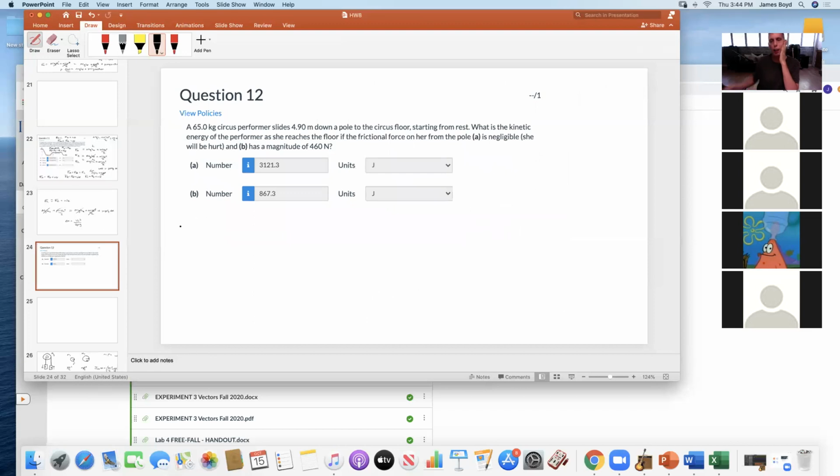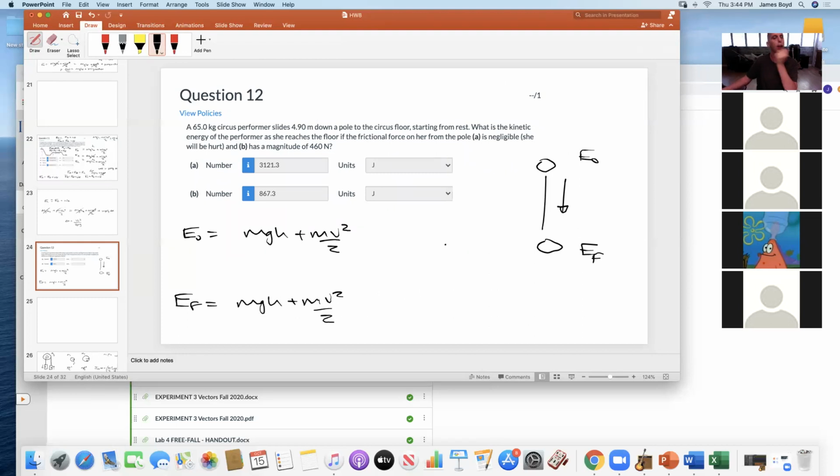This final one is pretty easy. Energy at the top, energy at the bottom. She slides down a pole. The energy initially and the energy final. First, there's no work of friction. So the initial energy is mgh plus mv squared over 2, and the energy final is mgh plus mv squared over 2.